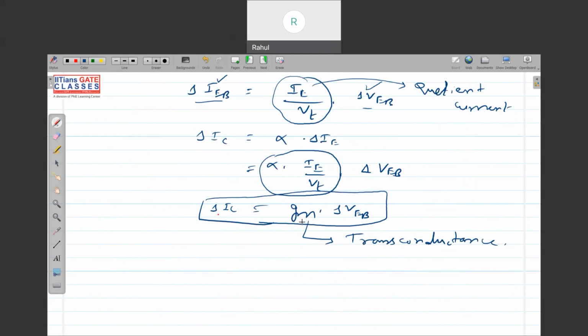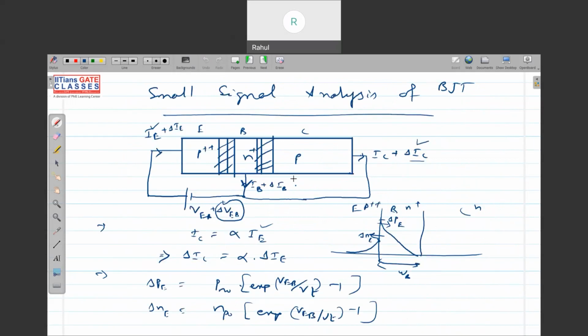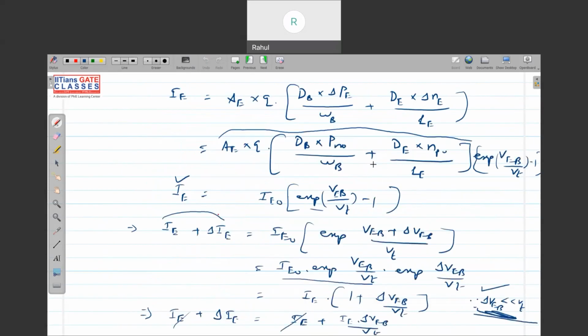Now suppose this change in current passes through a resistor R. What is the voltage at the output?